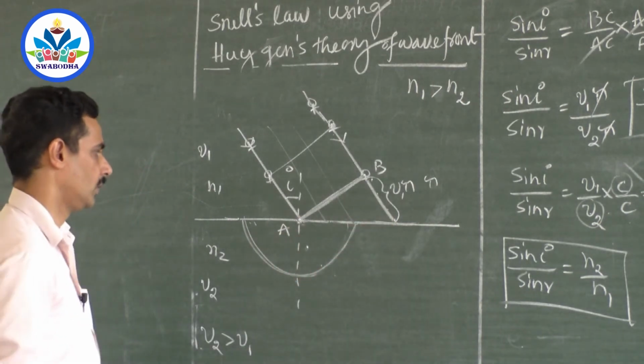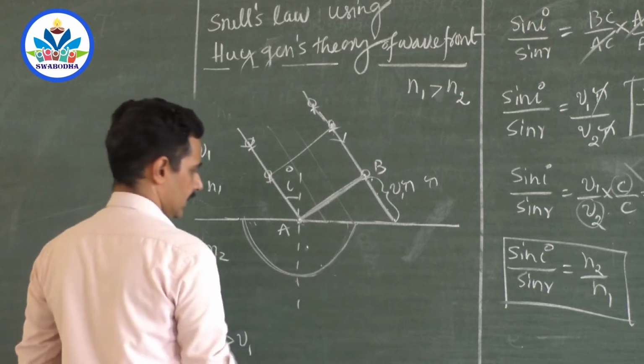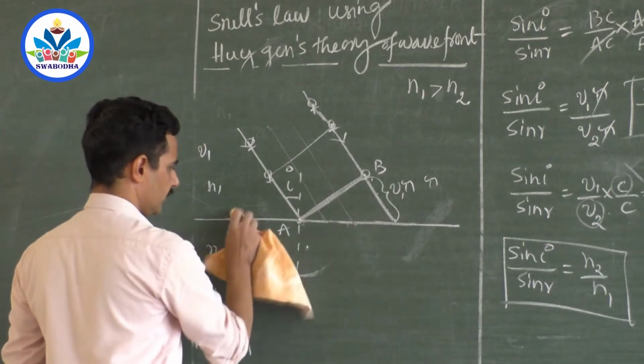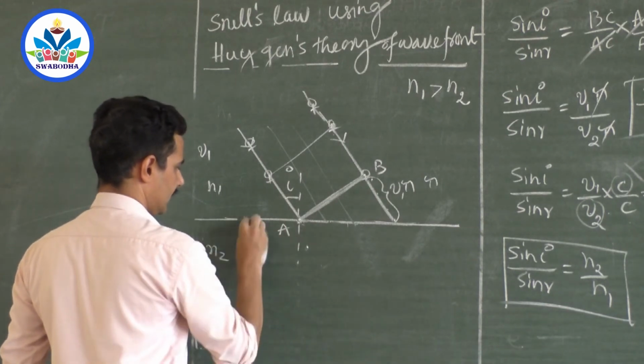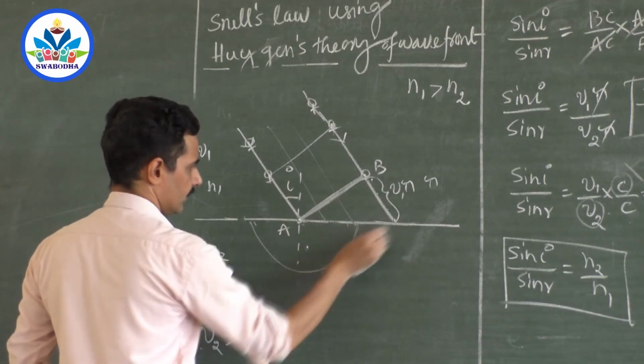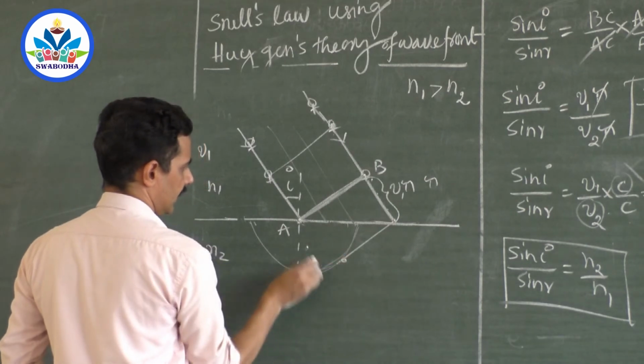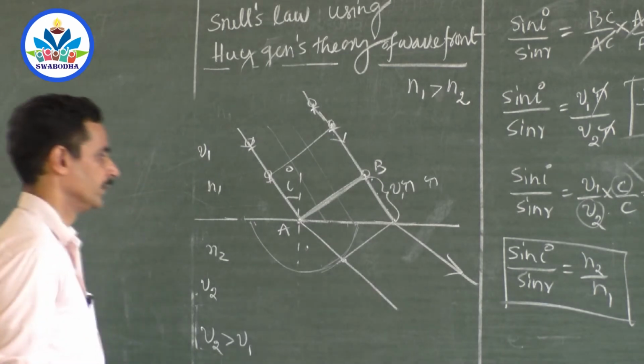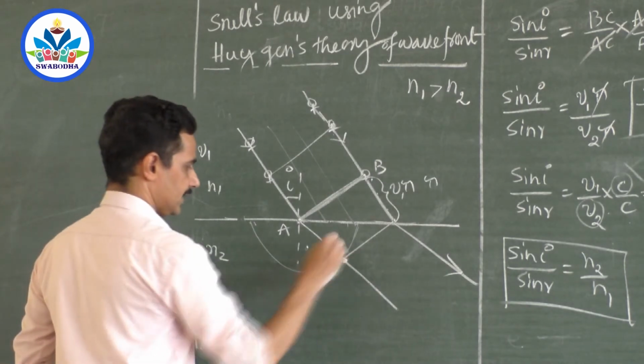If you want to know where the wave is, you have to draw a tangent to this circular path. You need not draw the full circle. You can draw just an arc, and you have to draw a tangent somewhere here, and you find that this moves like this, and similarly this one. Only the tangent will touch it here.